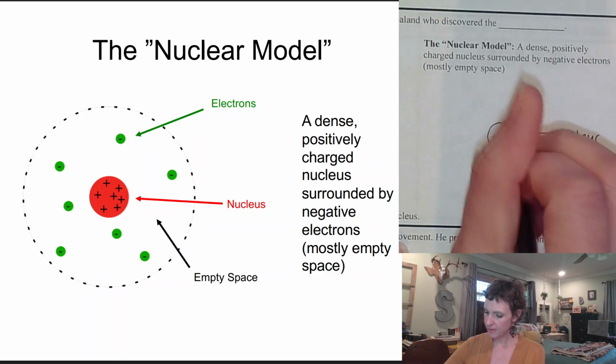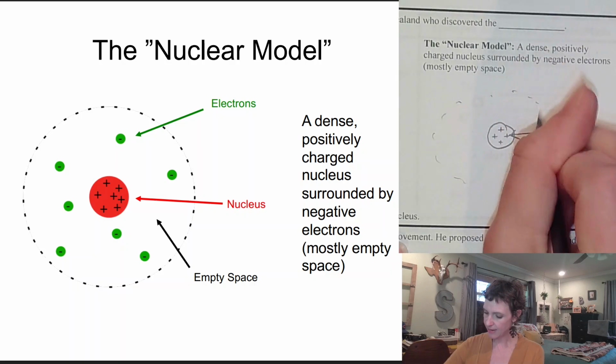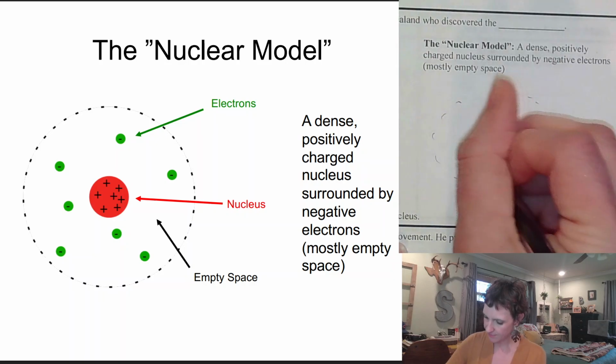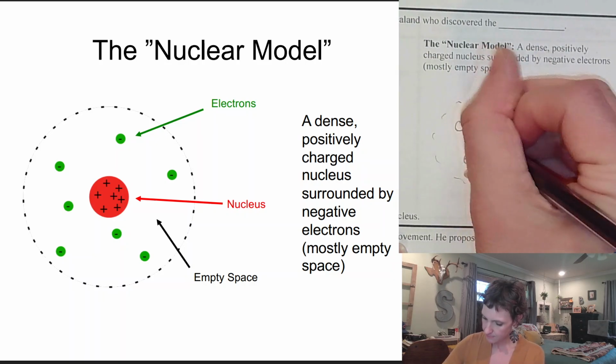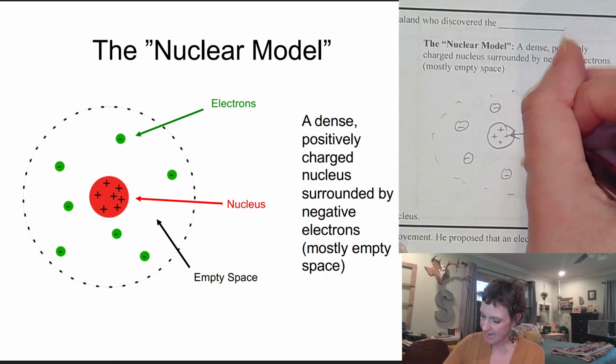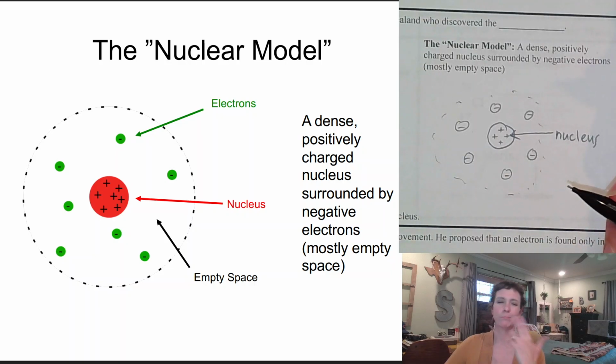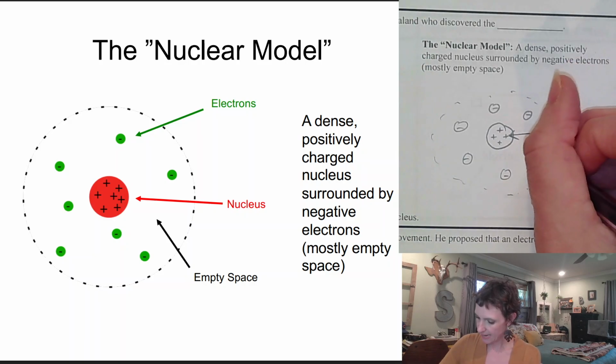And then orbiting around in this area, we have these electrons. So we're going to draw some negative electrons. He hypothesized that these electrons were orbiting around like planets orbiting the sun in a solar system. So these are my electrons.